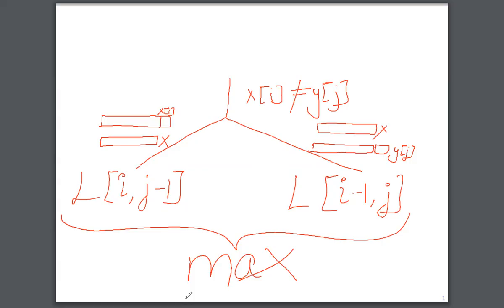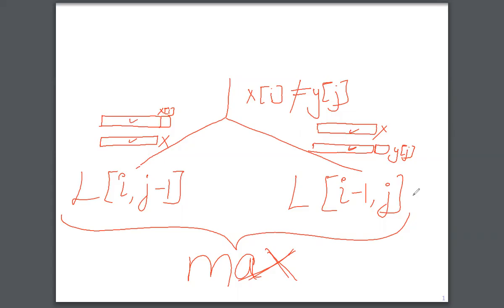So this is one possibility, this is another possibility. Take the maximum of these two results. We don't want to add here, because the answer can be in either one, so we want to take whichever gives you the max result.